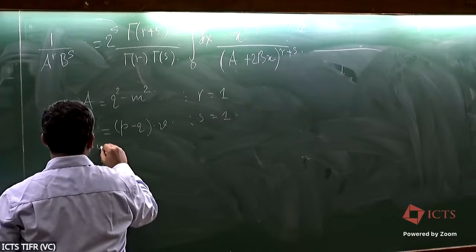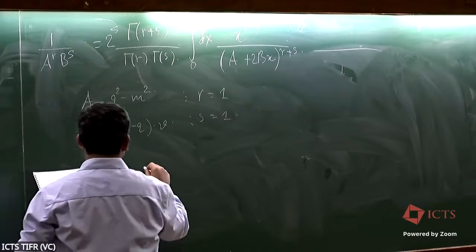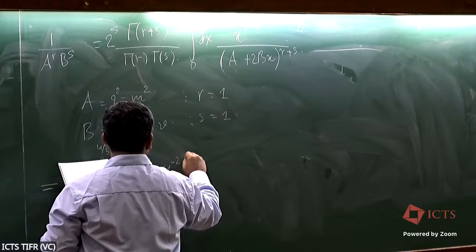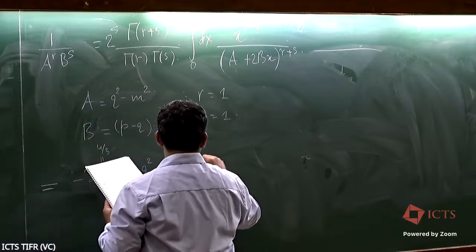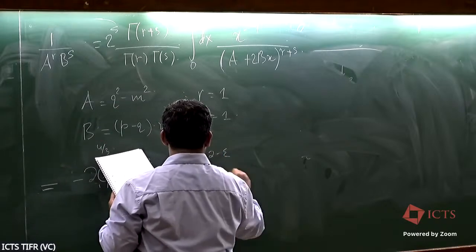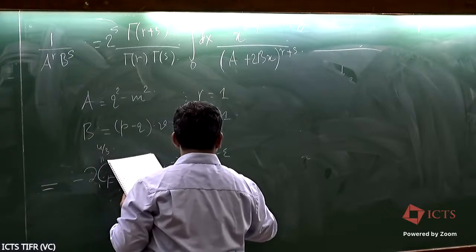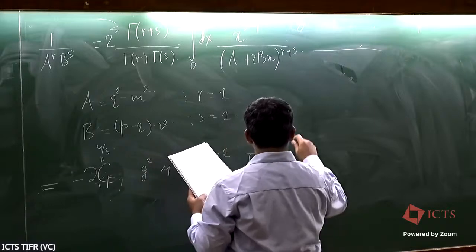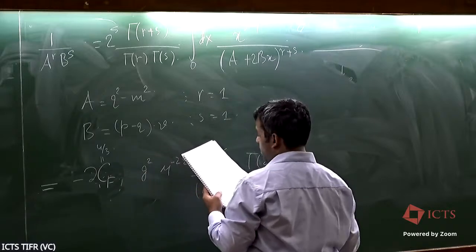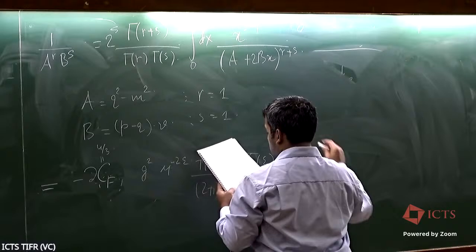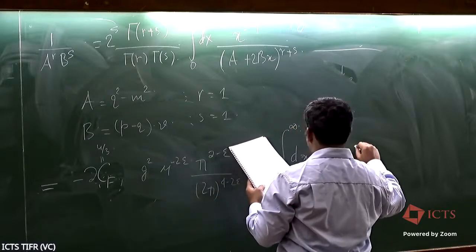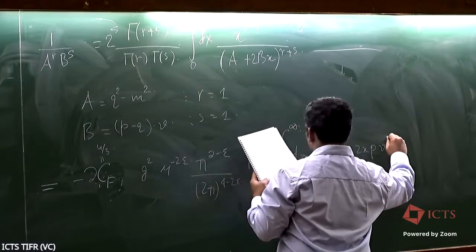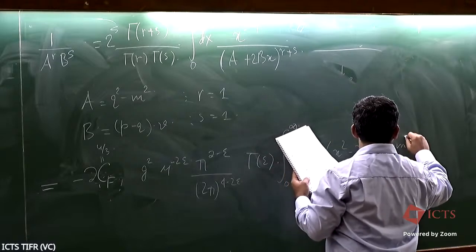So I'll just write 4/3, keep reminding. g squared mu^(2 epsilon), pi^(2 minus epsilon), (2 pi)^(4 minus 2 epsilon), Gamma(epsilon), integral dx from 0 to infinity of 1 over (x squared minus 2x P dot v plus m squared).